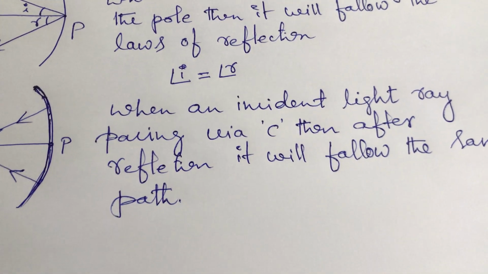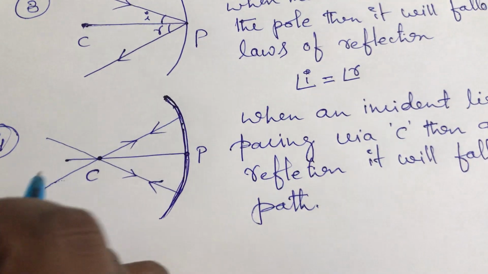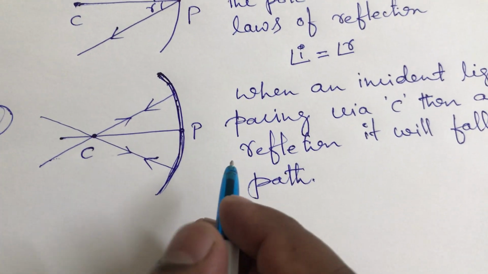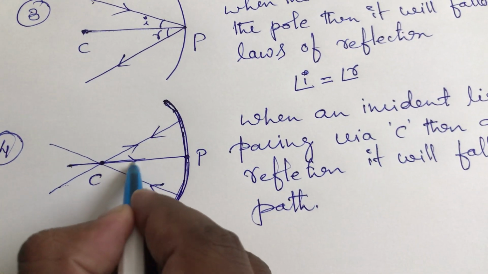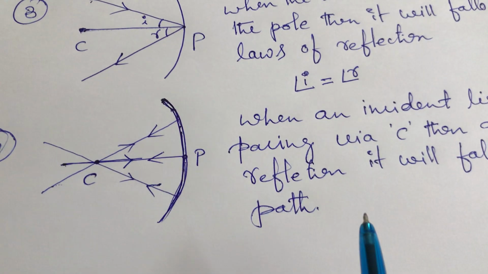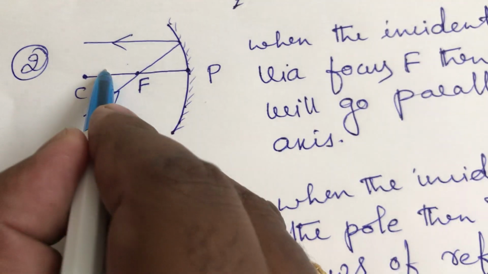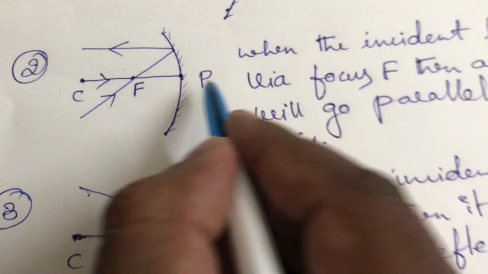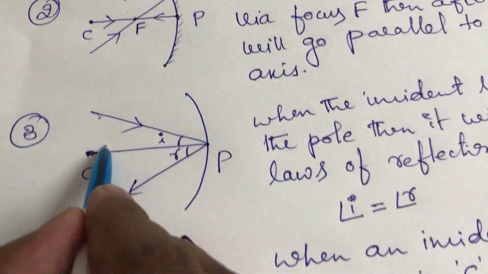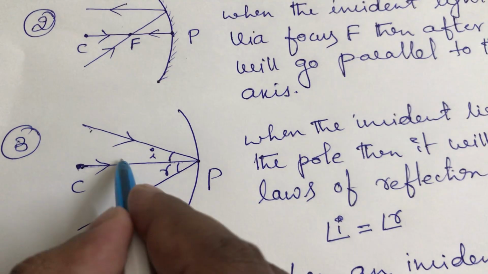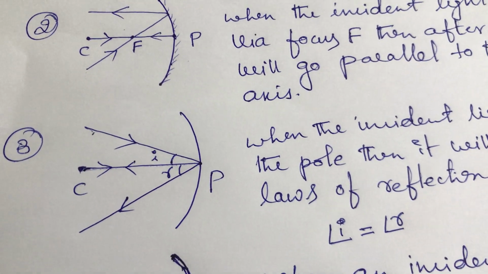Whenever the light ray passes via the center of curvature, it will come back along the same path. One more thing: whenever the light ray travels via the normal, after reflection it will come back like this. Here also, if it is going like this, it will reflect back in the same path.